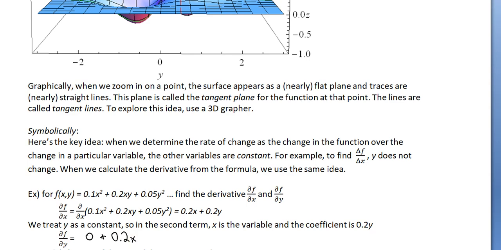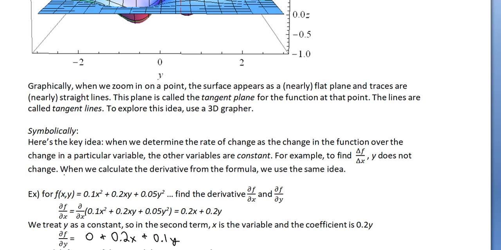And then in the third term, derivative of 0.05 y squared, you just get 0.1 y. So taking these partial derivatives is actually really straightforward with one key step. You must remember you're taking the derivative with respect to which variable, and therefore keep in mind that the other variable you treat as a constant.